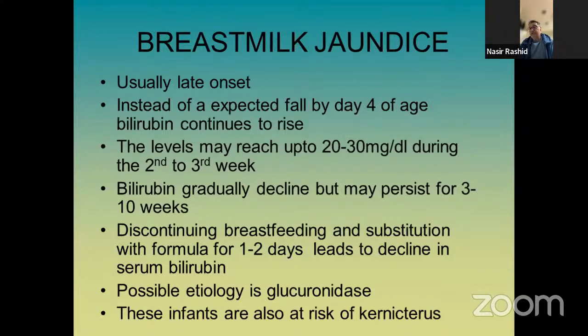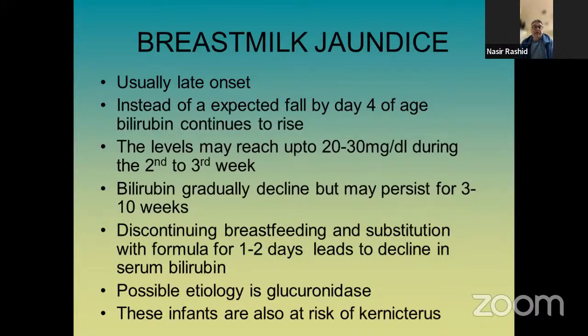The best way to treat is to discontinue the breastfeeding and substitute with formula for 1 to 2 days, but make sure you communicate to the mom that her milk is not bad milk and she should not stop breastfeeding. It is just for 1 or 2 days, you stop it and then restart the breastfeeding again.